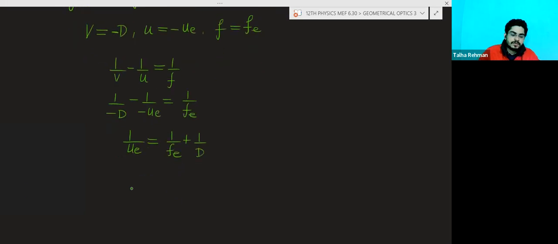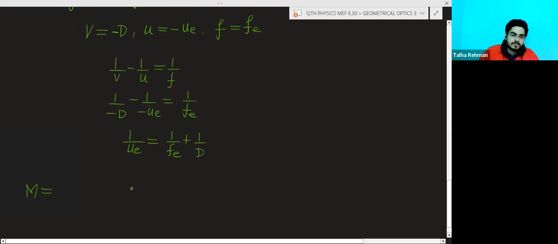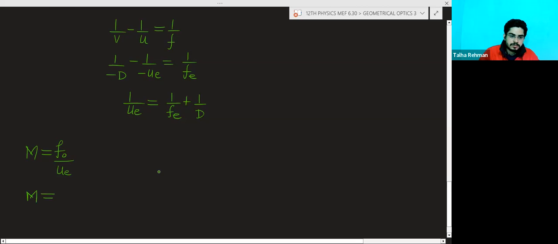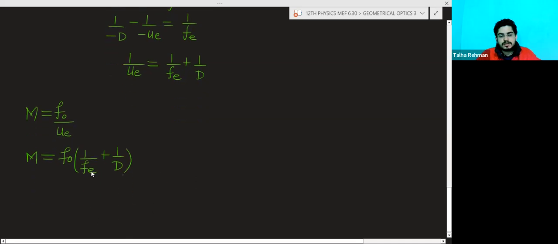Now you can find the magnification in this case, that is the focal length of the objective divided by UE. So for 1 upon UE you have this value, 1 upon FE plus 1 by D. You can take FE common from this.